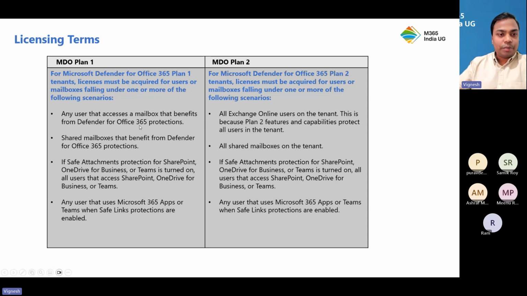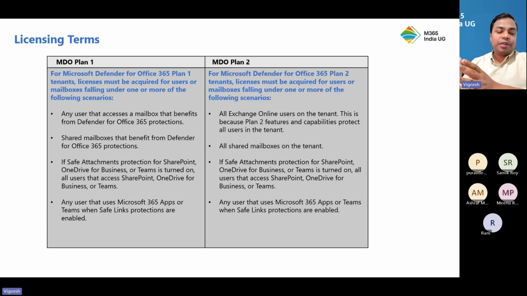So this could be a user mailbox or a shared mailbox that benefits from Defender for Office 365 protections, right? And if safe attachment protection for SharePoint, OneDrive for Business or Teams is turned on, all users that access SharePoint, OneDrive for Business or Teams. Finally, any user that uses Microsoft 365 apps or Teams where safe links are configured.